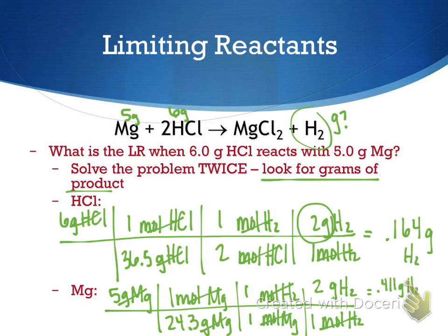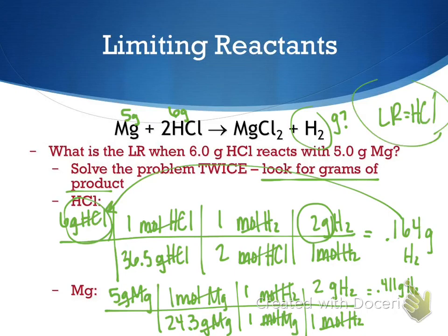Okay, so which of these reactants is our limiting reactant? HCl. HCl, good. We pick the T-chart and we go back to the beginning. So our limiting reactant equals HCl. Very good. Because it produces the least amount of our product. That means this would be the maximum amount of product that could be formed.